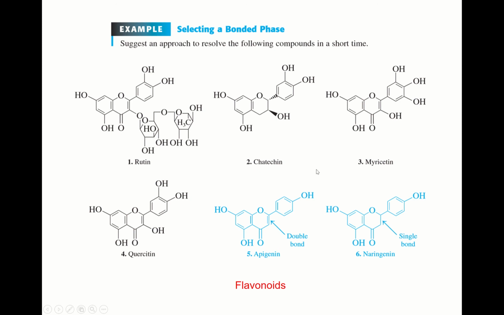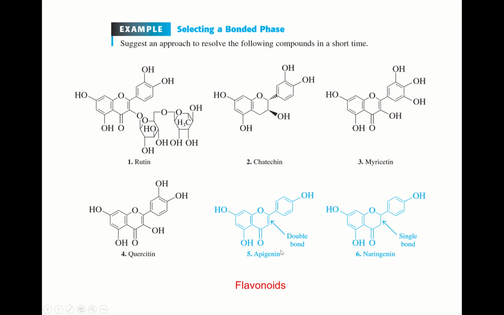So how to choose the stationary phase? Close inspection of these structures reveals that lutein, catechin, myricetin, and quercetin have rather different structures. But the problem is apigenin and naringenin, because the only difference is in this part.